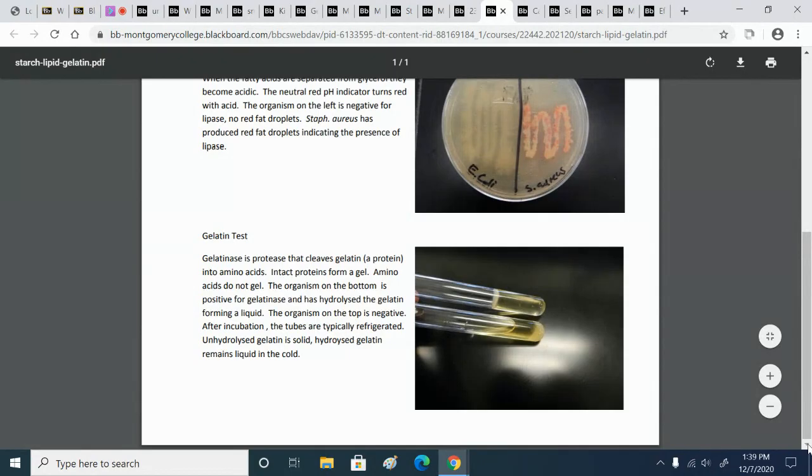So what do the enzymes amylase, lipase, and gelatinase all have in common, besides being enzymes? What's special about amylase, lipase, and gelatinase?